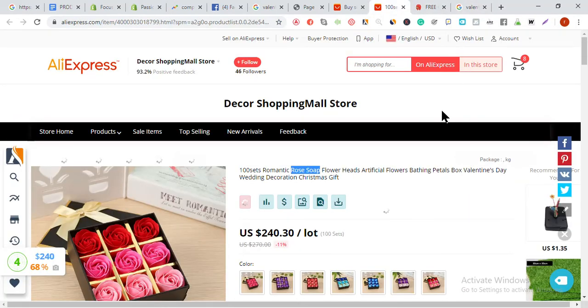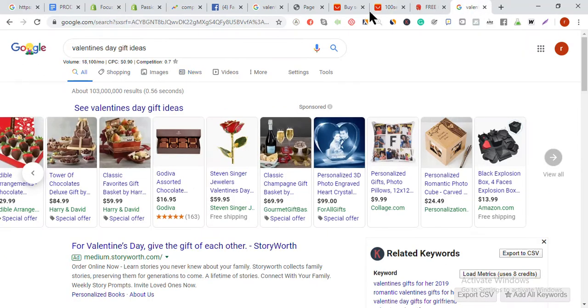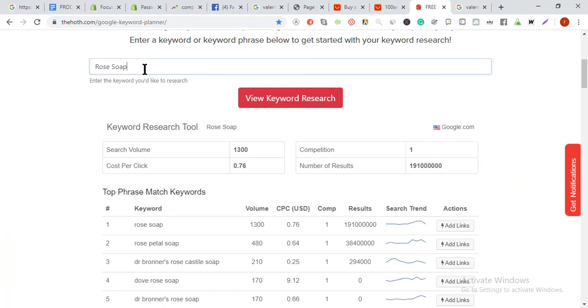So actually, if you're going to think about it, sometimes when we're checking items, right, just like this, a keyword. When you use rose soap, it's already specific because you're looking for a specific flower in a soap design, right?